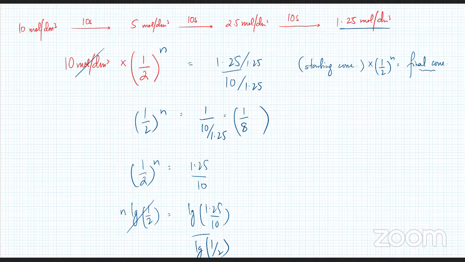So this only works for first half-life. Yes, because it won't work for 0 order or for second order, because it only works for first order, where the half-life is constant, because in the other ones the half-lives are always changing.